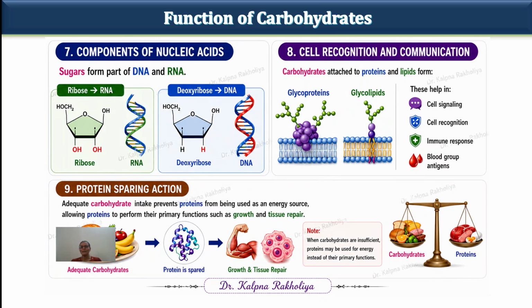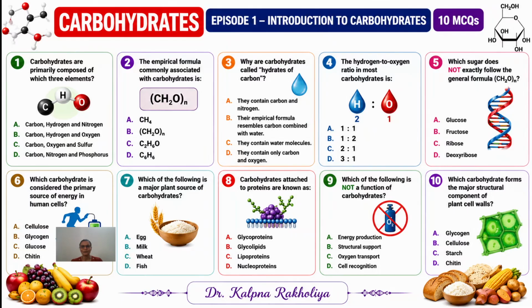But if we skip carbohydrate or carbohydrate is insufficient in our body, protein is used as the energy source and is not involved in its primary functions like growth and tissue repair. So carbohydrate is as important for our body as protein.